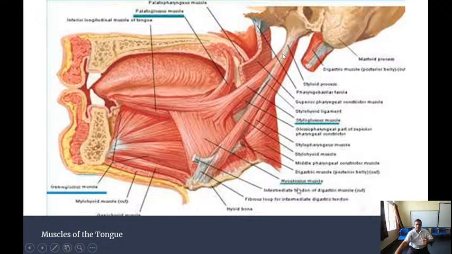Then you have the palatoglossus muscle from the palate to the tongue, and we have studied the hyoglossus muscle from the hyoid bone to the tongue, and the deep one from the floor, the genioglossus muscle. These are the extrinsic muscles: the palatoglossus, the styloglossus, the hyoglossus, and the genioglossus.